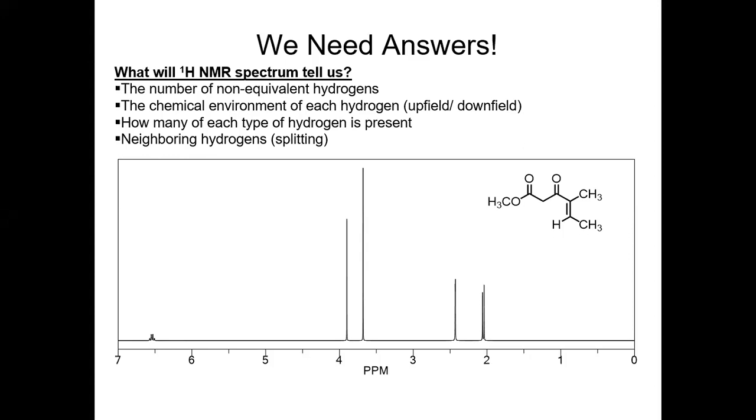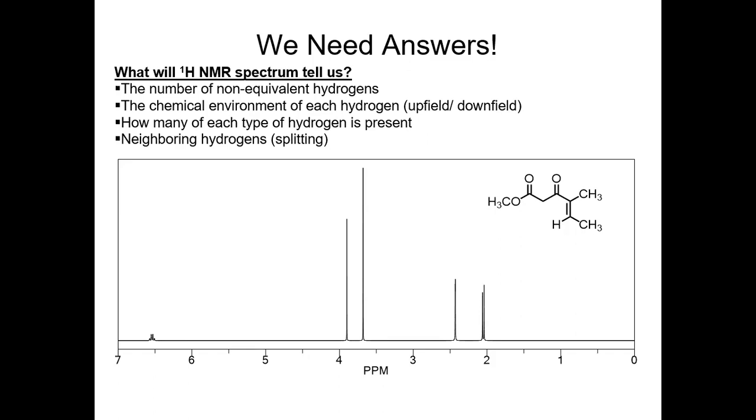It tells us how many non-equivalent hydrogens are present. That's going to be reflected in the number of signals in the spectrum. And then it also tells us whether those hydrogens are in electron-rich or electron-poor environments. That's going to be reflected in where they are on the spectrum, upfield and downfield.